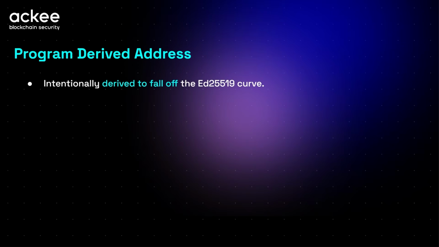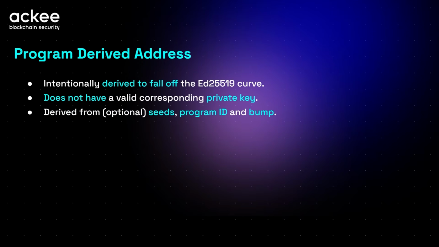On the other hand, the program-derived address is intentionally derived in such a way that the address falls off the elliptic curve. That means it does not have the corresponding private key. This is just the cryptography behind it. And what is the derivation process? It is derived from seeds, program ID, and bump.